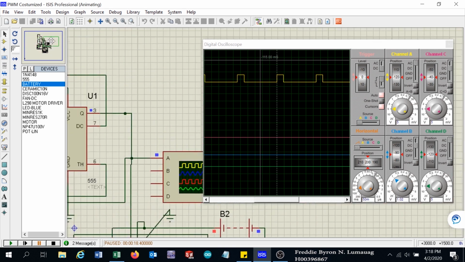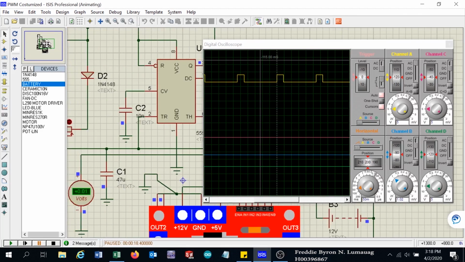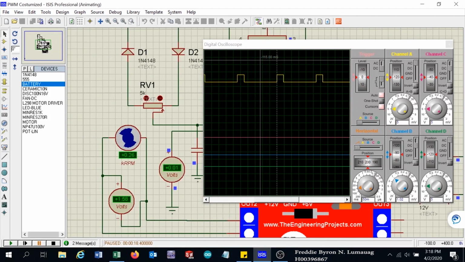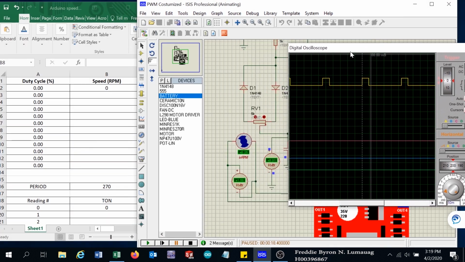We will move this here so that it should be visible. 260 rpm, that should be multiplied by 1000. So I will put it here, 260 rpm.